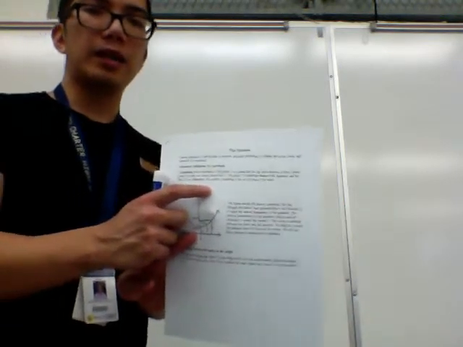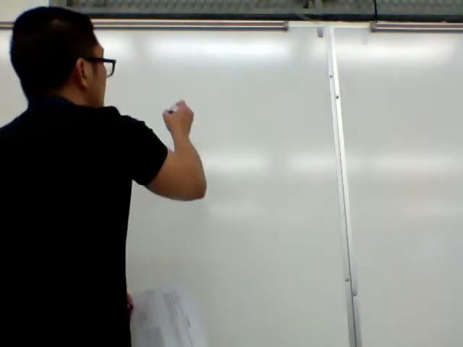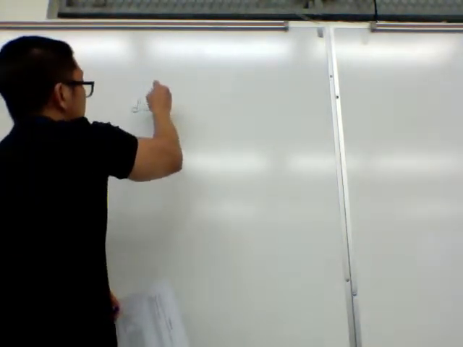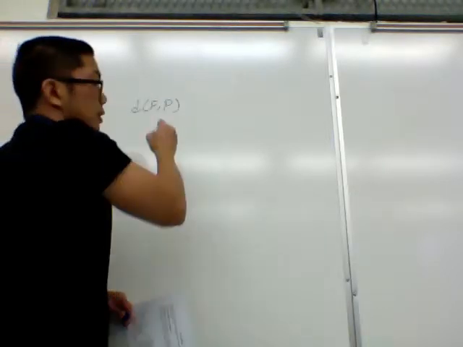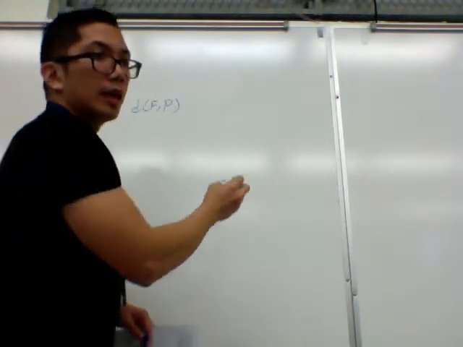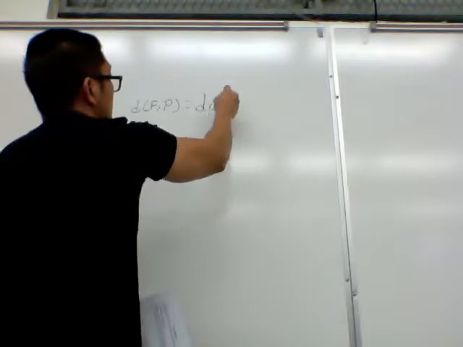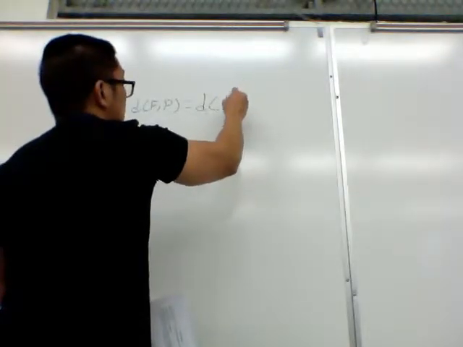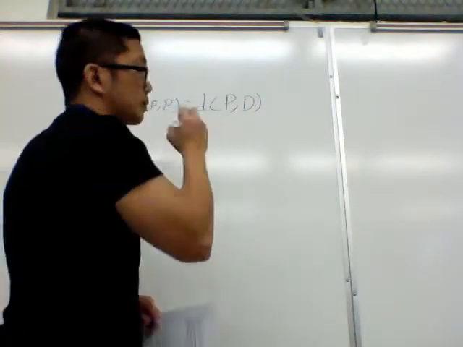Okay? So right here on this blank space, it says, as a result, a parabola is a set of points P for which the distance from the focus to any point is equal to the distance from that point to the directrix.